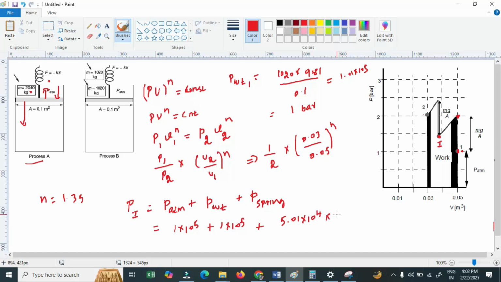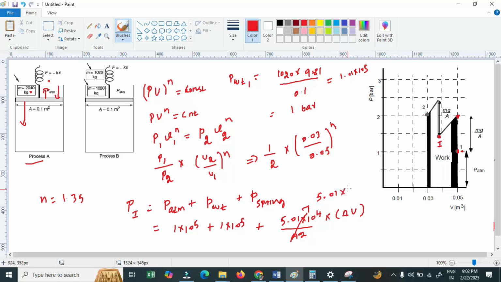That is 5.01 multiplied by 10 power 4, multiplied by delta V divided by A squared, and A we know is 0.1. I'll write this term as 5.01 multiplied by 10 power 6 so that I can use it in future.